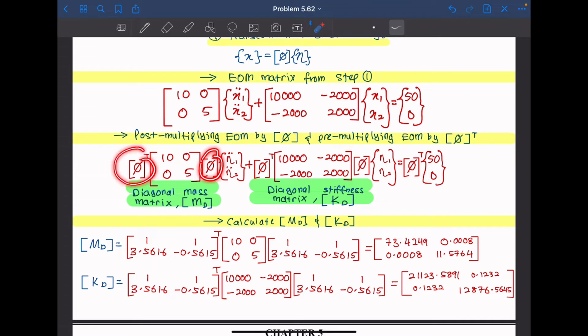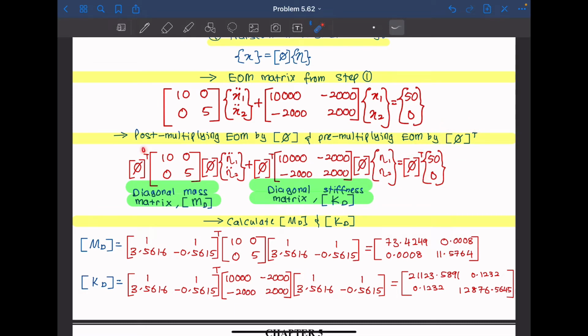Do this for both the mass matrix and also the stiffness matrix. But for the right side of the equation, you just have to pre-multiply with the transpose of the modal matrix.